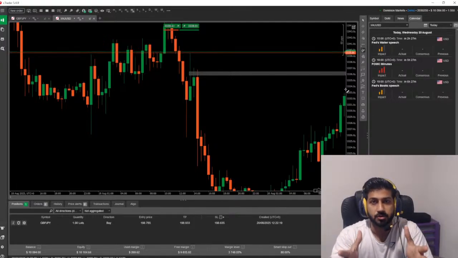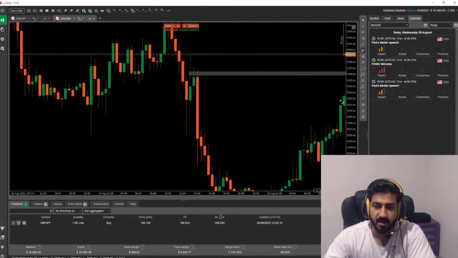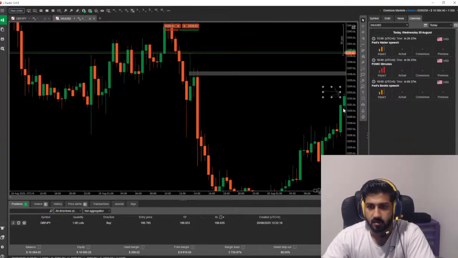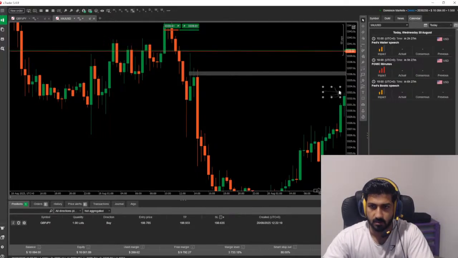Okay, I'm gonna show you one of the easiest setups that I've seen in the markets that you can take in order for you to make money. Because if we take a look at this candle right here, this arrow looks so bad.